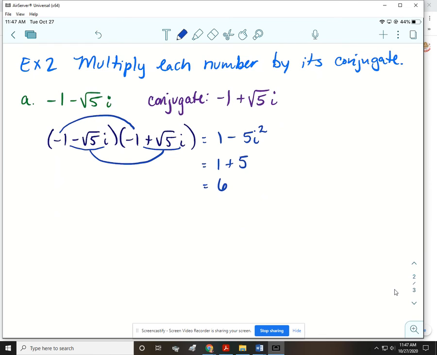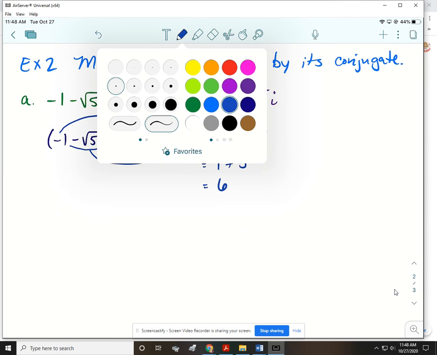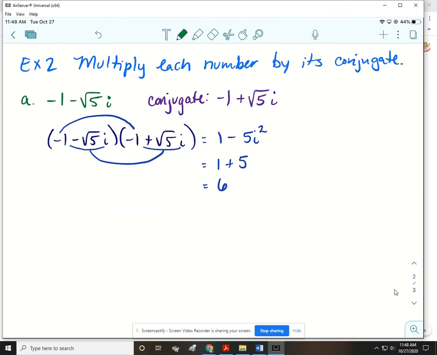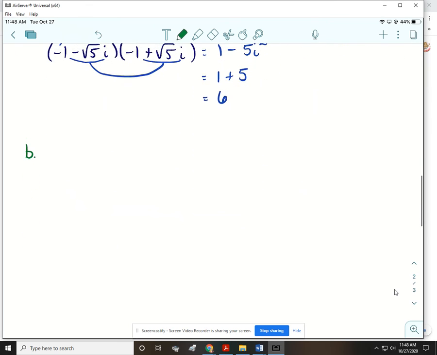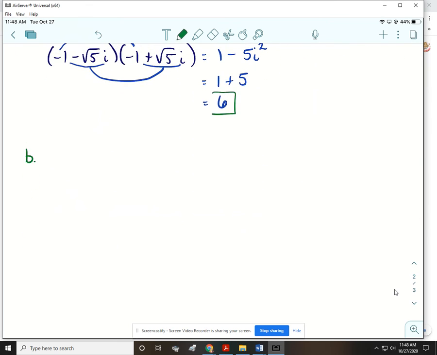So the magical thing about it is when you multiply a number by its conjugate, it will always give you a real number. So you start off with two imaginary numbers that you're multiplying together, but you always end up with a real number, which is helpful in things we have to do later.